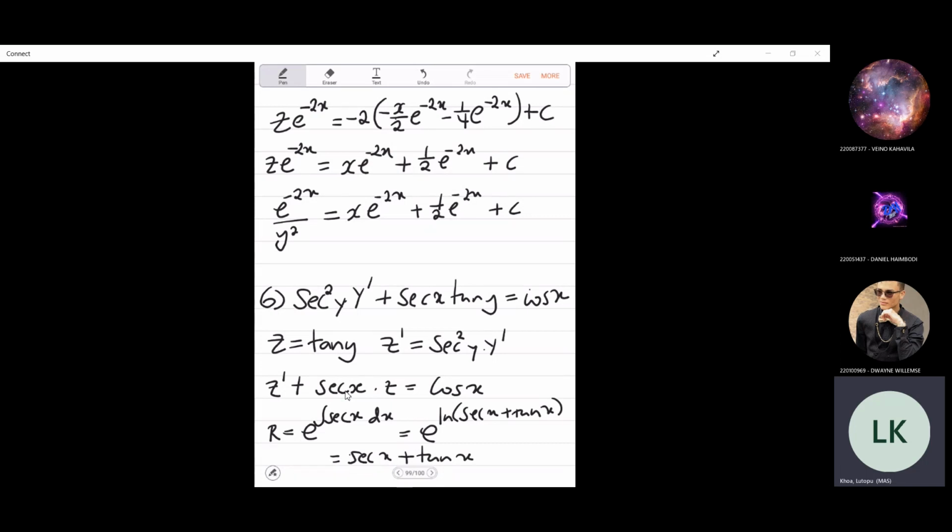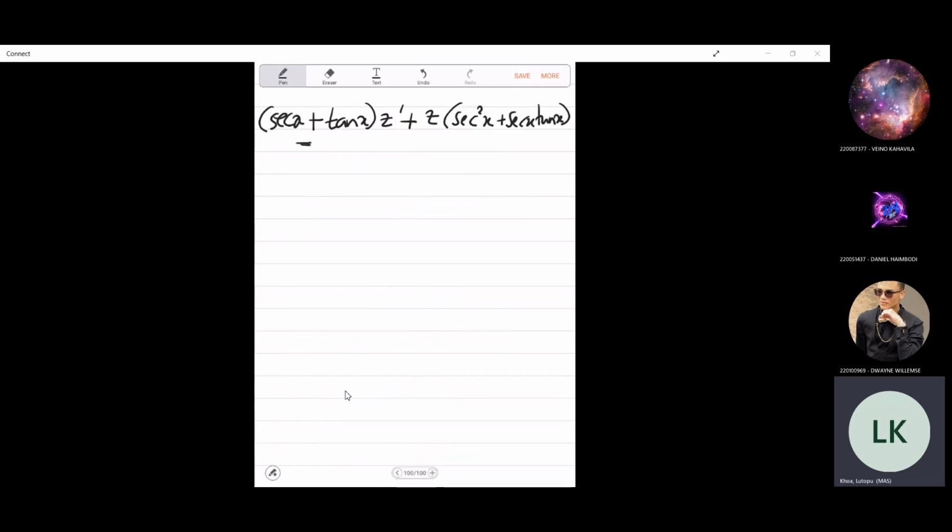Remember, sec x is 1 over cos x, so sec times cos is 1, and then tan is sine over cos, so cos times tan is sine. So this is 1 plus sine x.